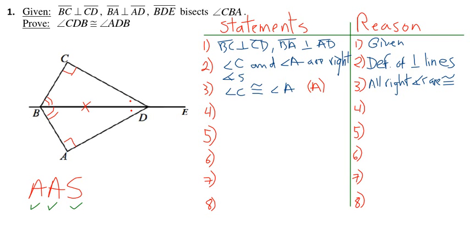Okay, so basically we have finished with this given. We have here everything that we can get from this given. Now let's go to the next given. So we write down that given because we're going to get something from that. So BDE bisects angle CBA, and that's given.